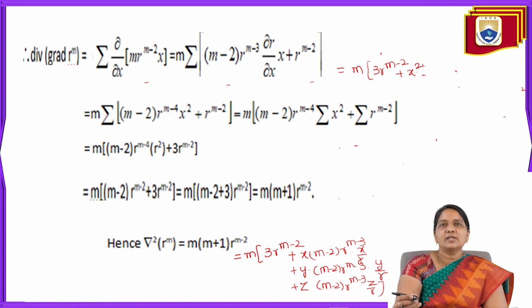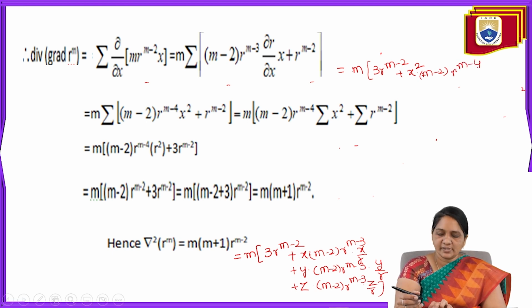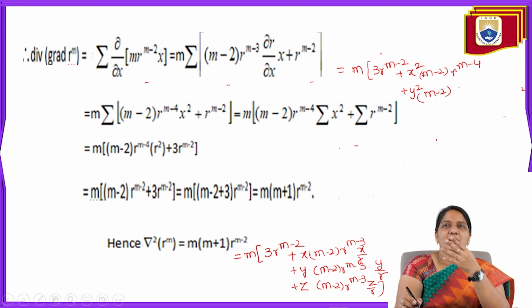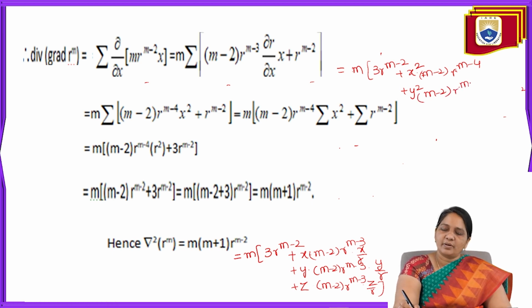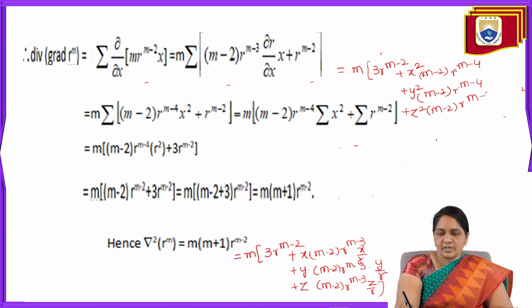I can write this as x square into m minus 2 into r power m minus 3, and one more r, so this is r power m minus 2... r power m minus 4. In the same way for the next terms we can write y square into m minus 2 into r power m minus 4. Next, the third term is z square into m minus 2 into r power m minus 4.